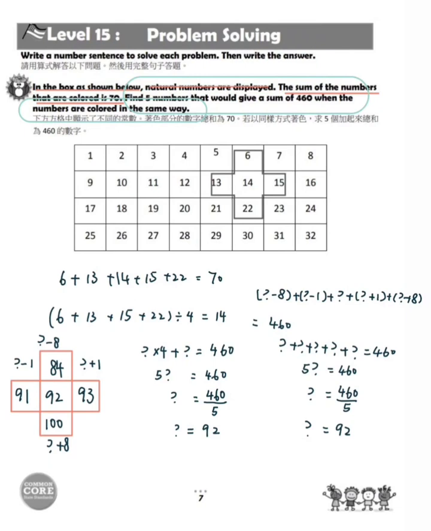So the 5 numbers that give a sum of 460 will be 84, 91, 92, 93, and 100. And that will be our answer for this question.